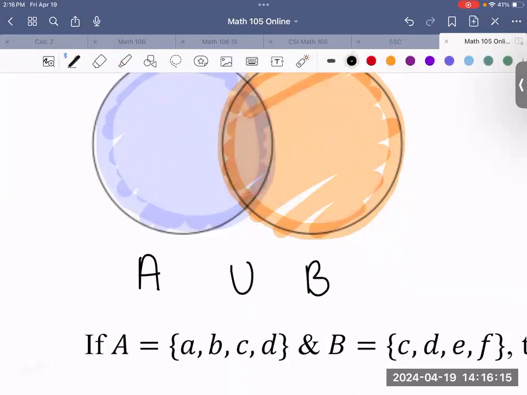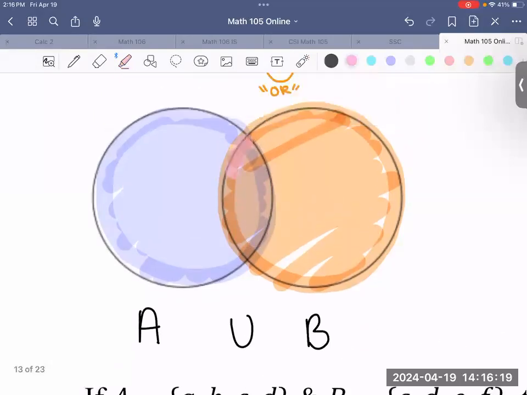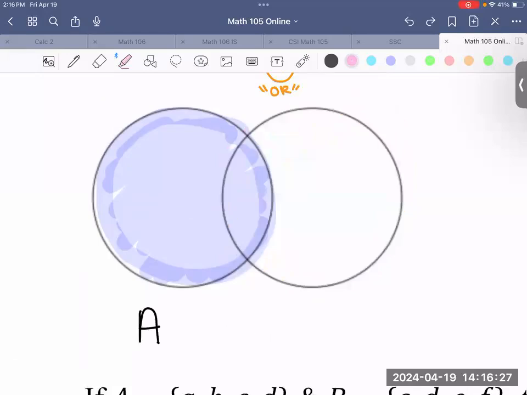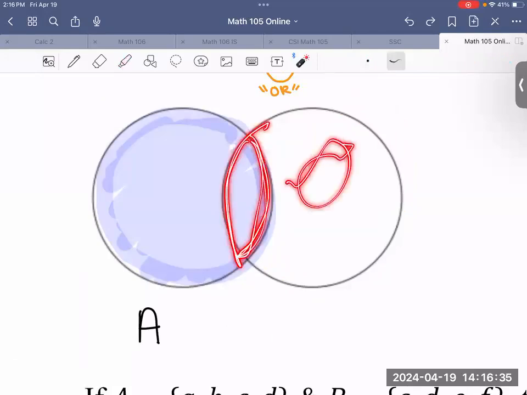So notice that there is some sort of an overlap between these values right here. What is going to happen is that we have now double counted. When we went to shade, I shaded this region to start, which had a little bit of B in it.